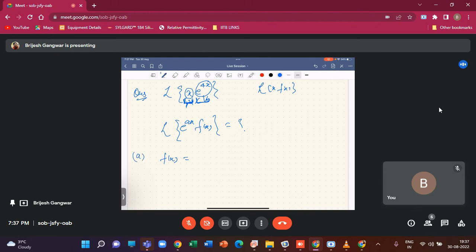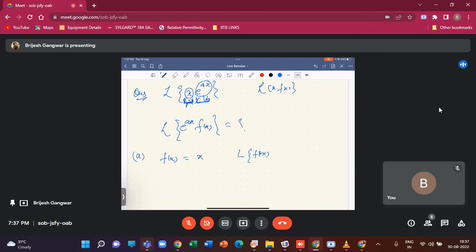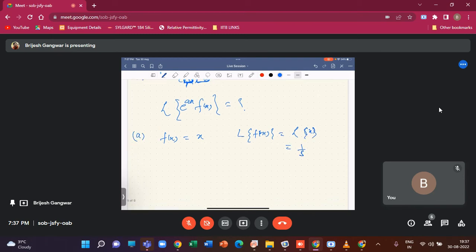In the first method we are considering f(x) is equal to x. So the Laplace of f(x) is equal to Laplace of x, it will be 1 upon s square. If f(x) is this one, then Laplace of e to the power ax f(x) is F(s minus a). That is the formula, right?